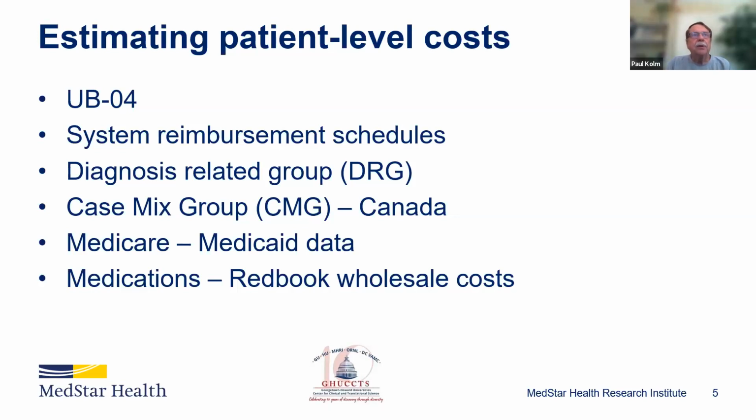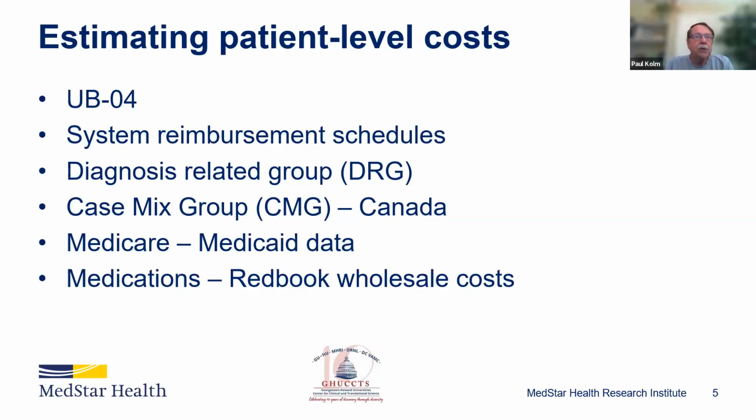We can look at different reimbursement schedules. We can find costs for what's called a DRG, a diagnosis related group, or in Canada, the same thing is called a case mix group. We can get Medicare or Medicaid costs, although that's not easy to do either. And then for medications, there's different sources for looking at medications.